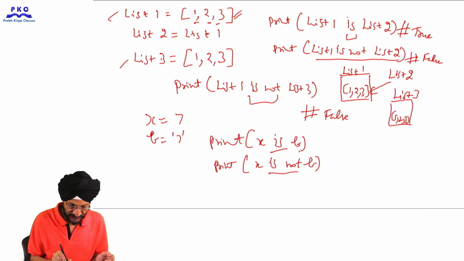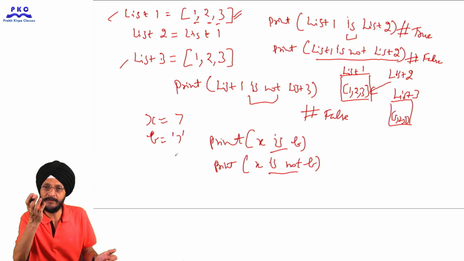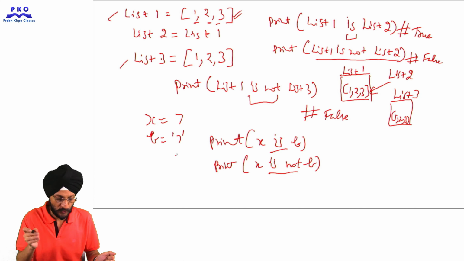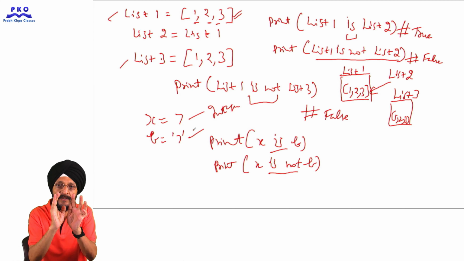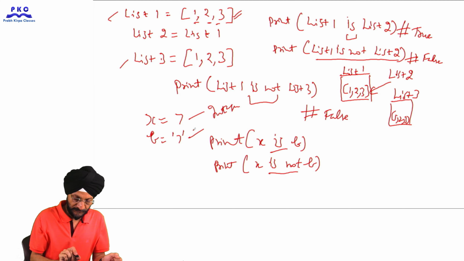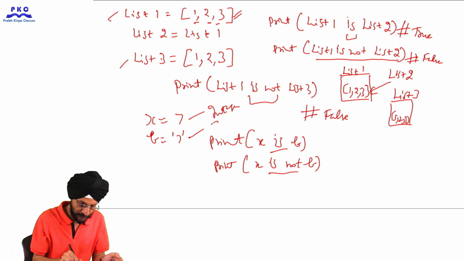If we say x is b, on a casual approach we will find that the value is the same, 7 and 7, but it is not the same. 7 here is an integer, but here it is in single quotes and it is a string.